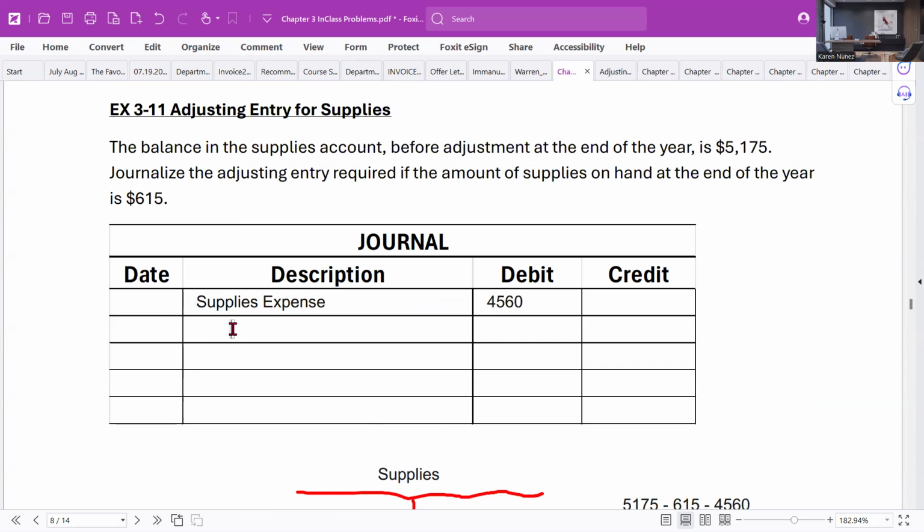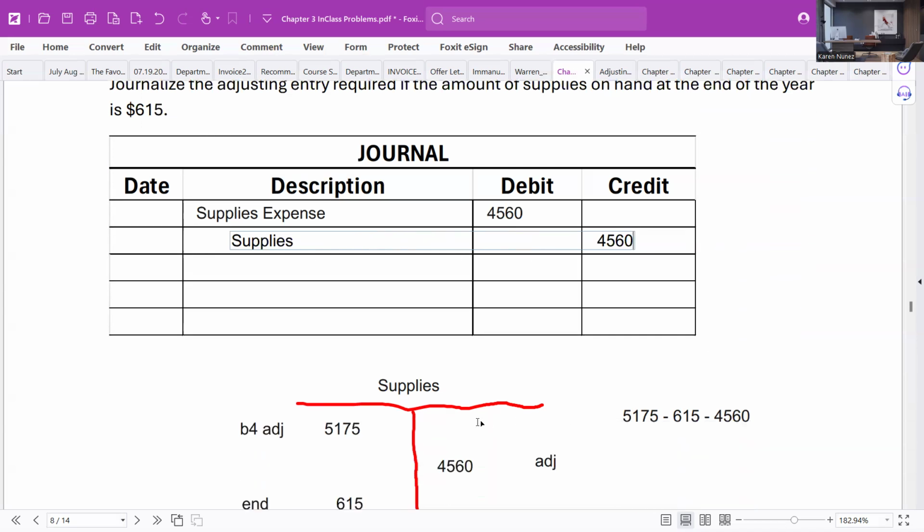And we reduce that asset called supplies by 4,560. And that's our adjusting entry. That's how we bring the supplies account up to date. We adjust it for those supplies that we've used. That's essentially what that 4,560 represents. It represents supplies that we have used. And so we recognize them as an expense.